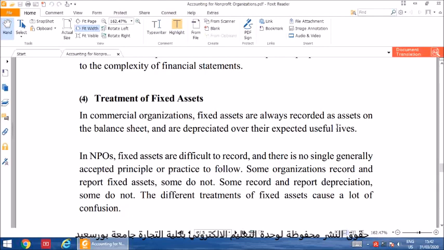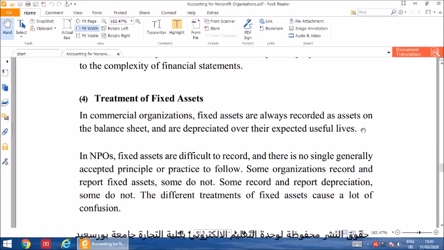We did study this point during the first year, second semester, how to account for fixed assets in commercial organizations.